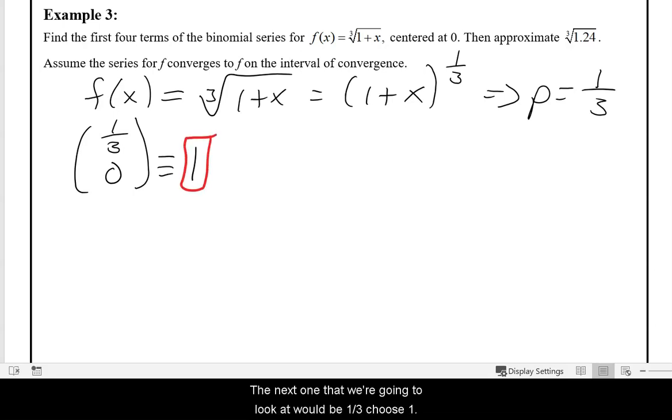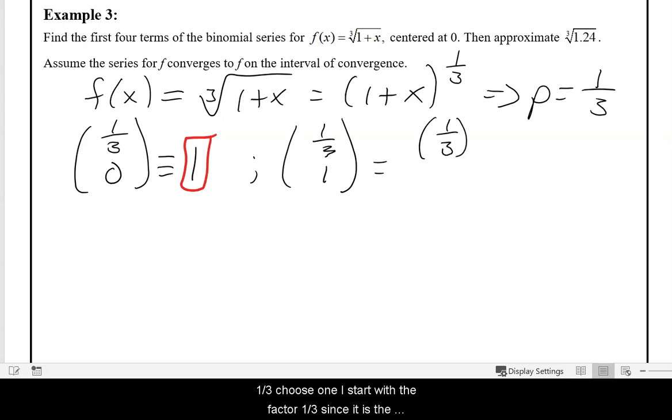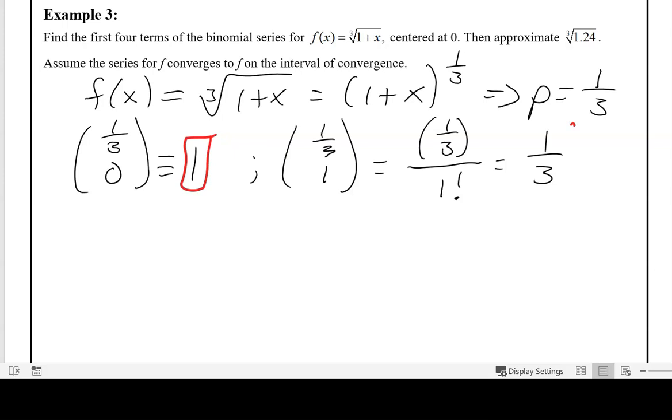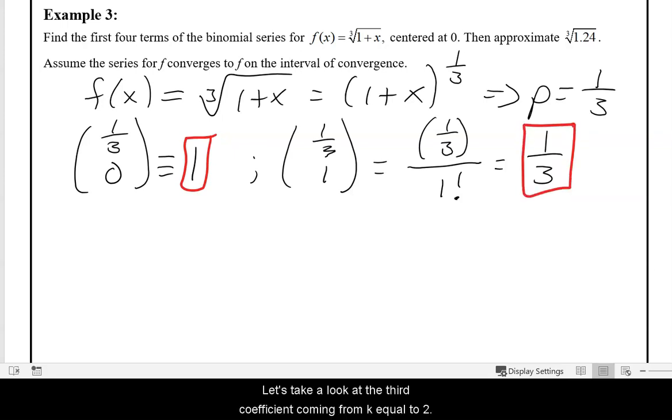The next one that we're going to look at would be 1/3 choose 1. For 1/3 choose 1, I start with the factor 1/3 since it is the top number, but I only need one factor in the numerator and a 1 factorial in the denominator. That makes this second coefficient 1/3. It's not terribly difficult. Let's take a look at the third coefficient coming from k equal to 2.